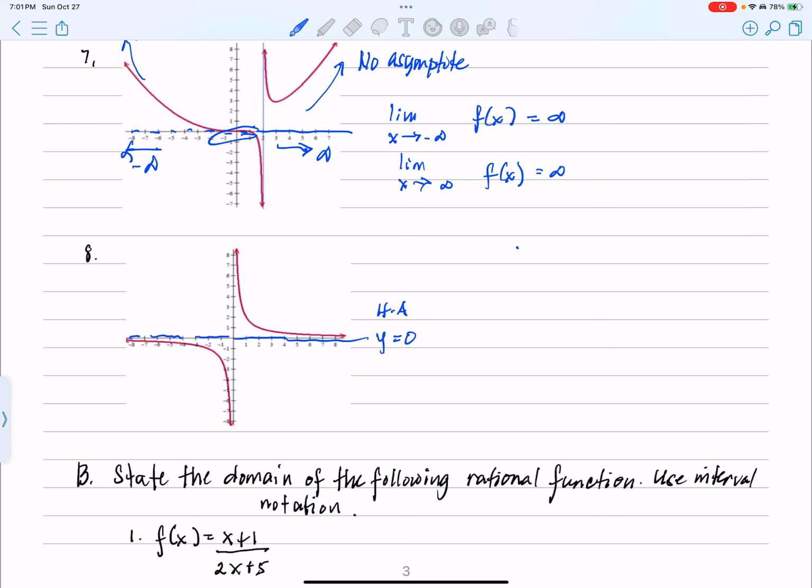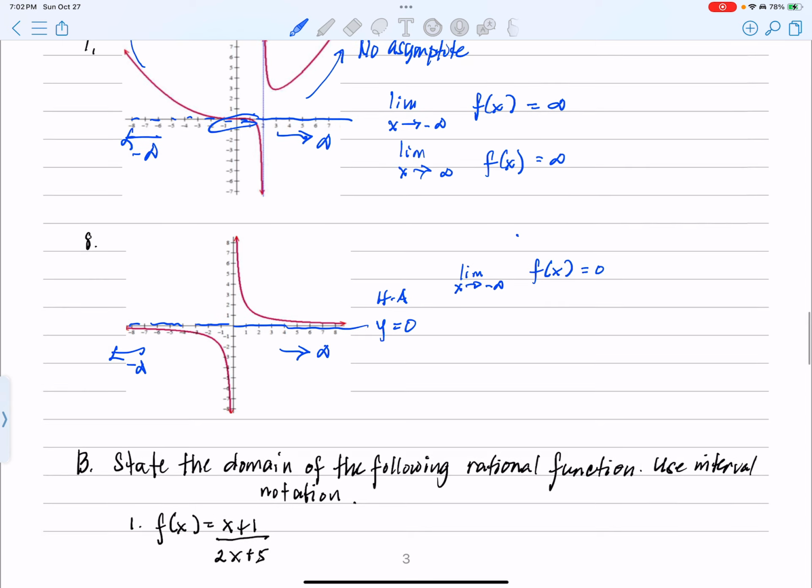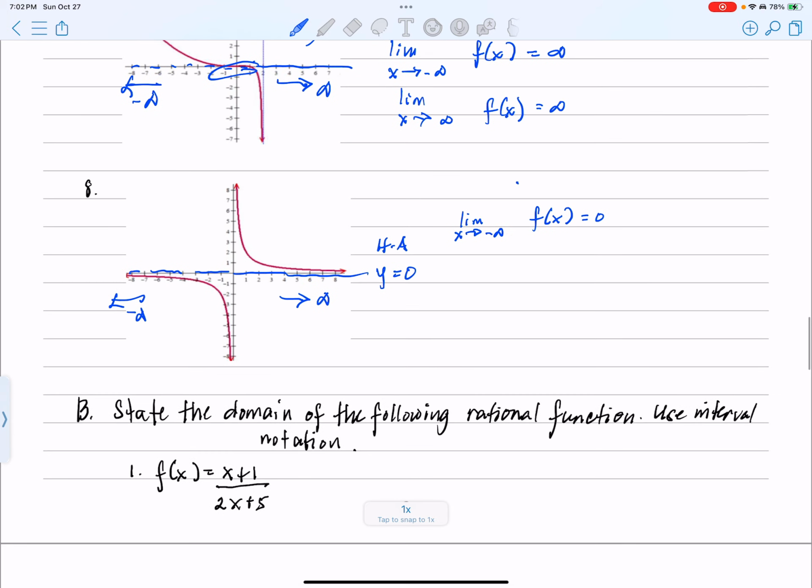In other words, we could say that the limit when x approaches negative infinity, as we go on and on, if we try to plug in any values, the function goes until it reaches 0. When you have a calculator, you can use it to do that.